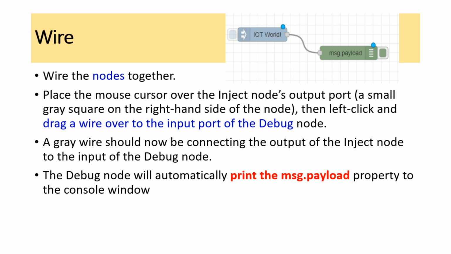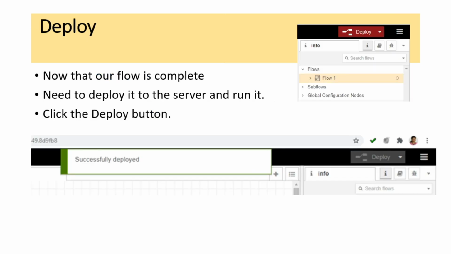By default, as I said earlier, the debug node considers your message payload. Once you connect these two, a connection is established between the inject node and the debug node.